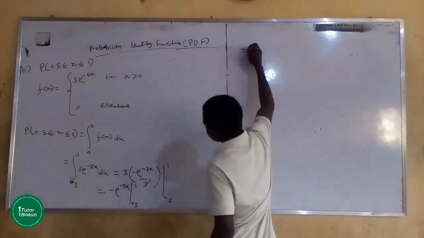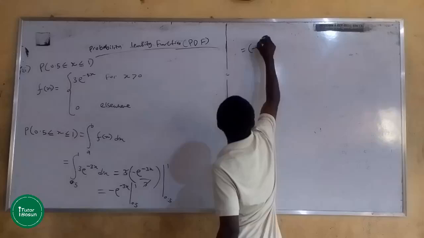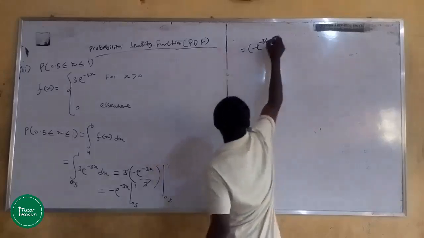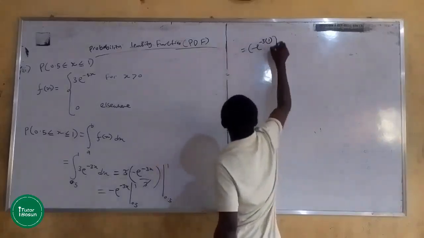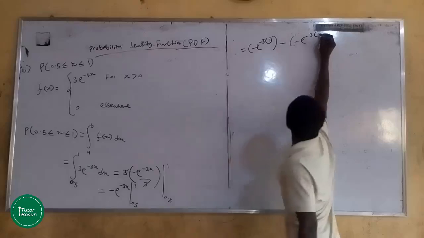So introducing those boundary conditions, what do we have? We have minus exponential minus 3 times 1. You start with the upper limit, minus exponential minus 3 times 2.5.